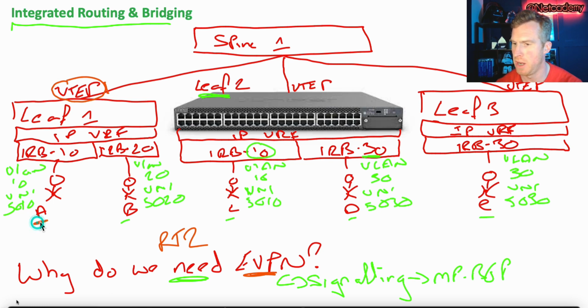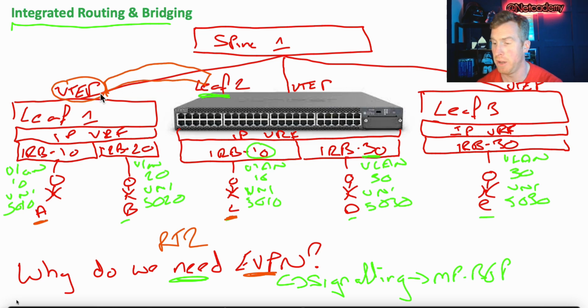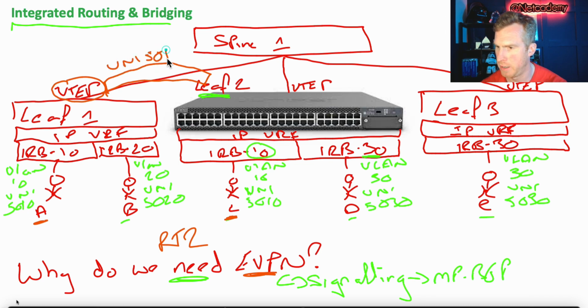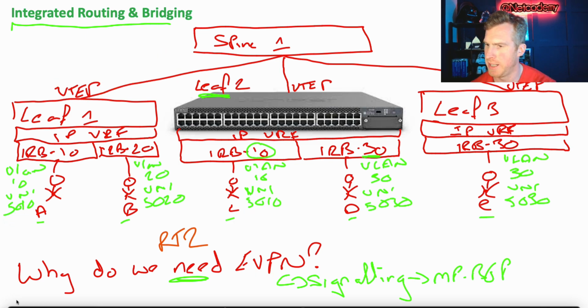If user A wanted to send traffic to, for example, user C, then that traffic would go over a tunnel, here's my drawing of a tunnel, I do apologize, a VXLAN tunnel, and that would be VNI 5010, because they are both in the same virtual network. And I'm just going to make it a bit more interesting now.